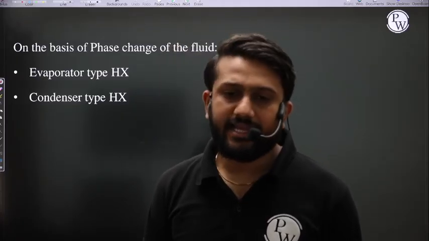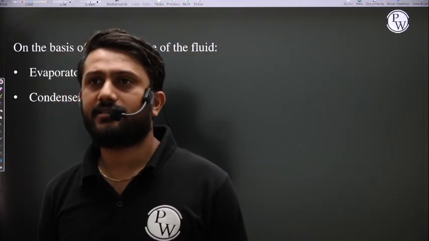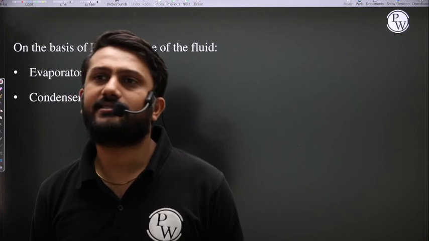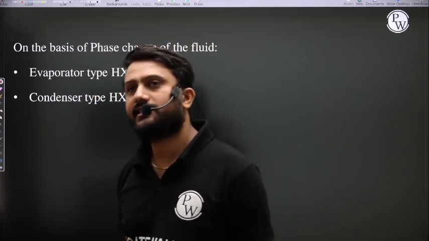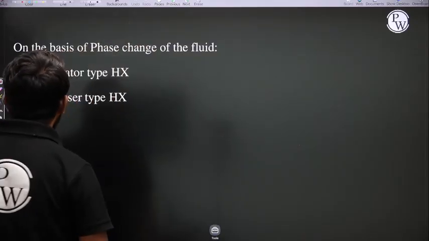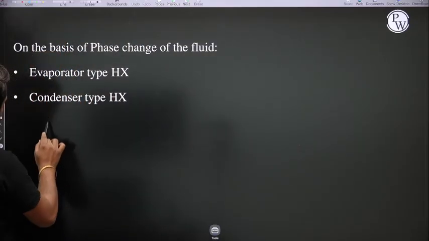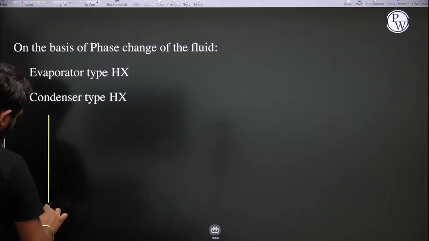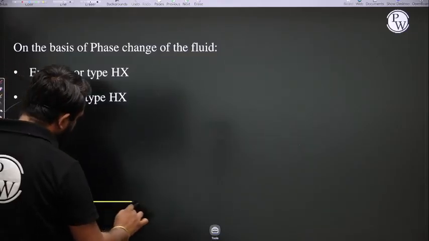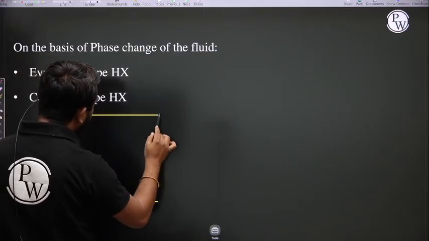In the evaporator type, vaporization occurs, and in the condenser type, condensation of one liquid occurs. Try to understand the concept of the evaporator type of heat exchanger.